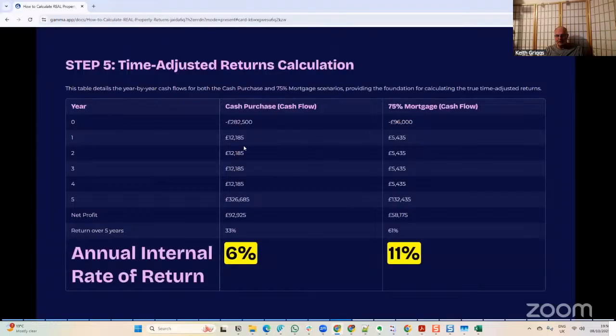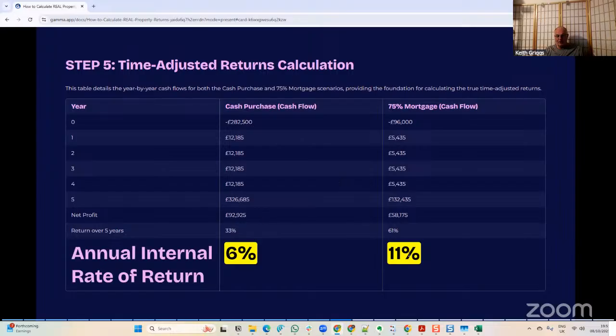So you have to look at the time adjusted returns. So in year 0, they were the two amounts, 282,96, and initially, then these are your rental returns every year, and then this is your rental return for that year plus the proceeds on sale.